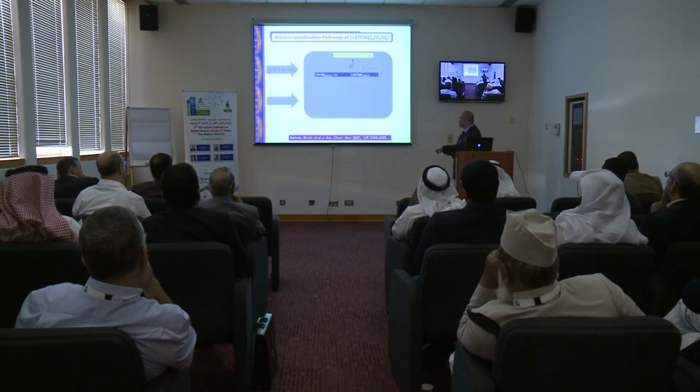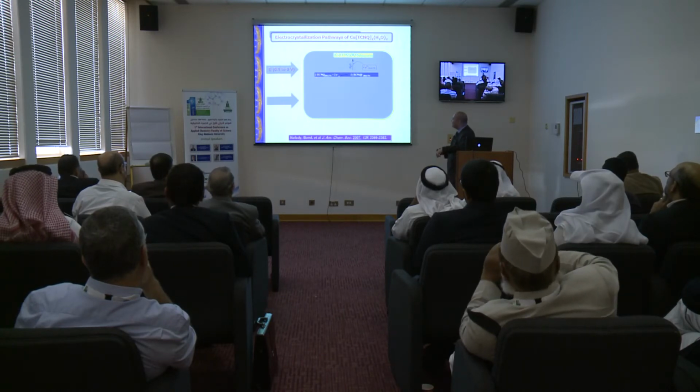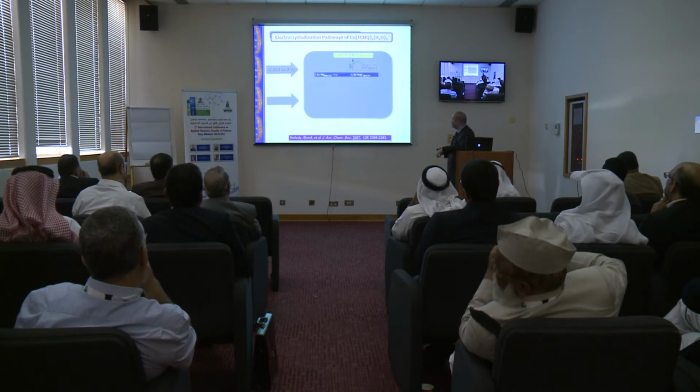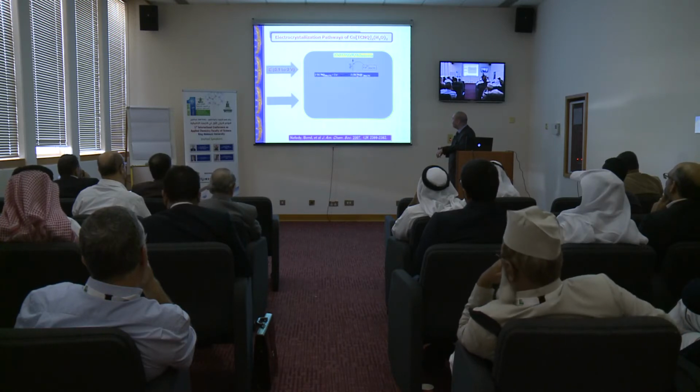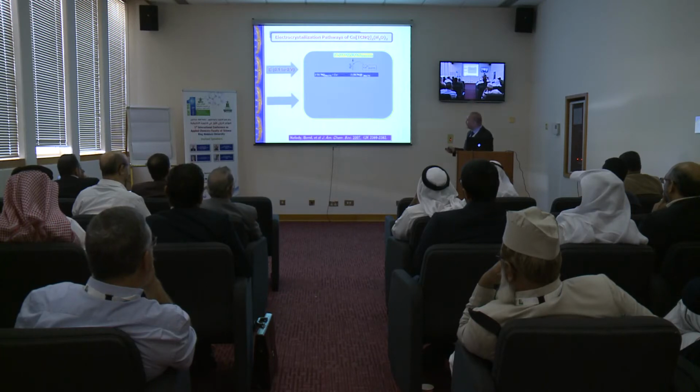The mechanism is very simple. You have two molecules of TCNQ taking two electrons through a reduction process, forming TCNQ minus. In the presence of any metal cation, in this case cobalt, we form cobalt TCNQ. This is at the applied potential from 0.1 to 0.